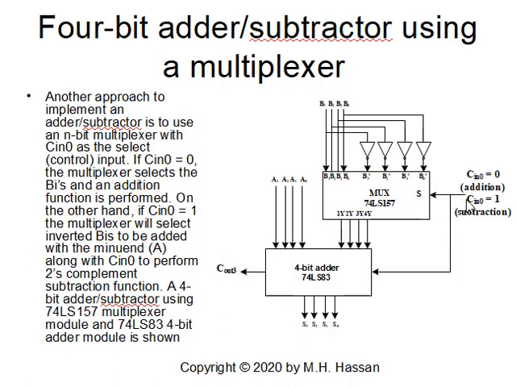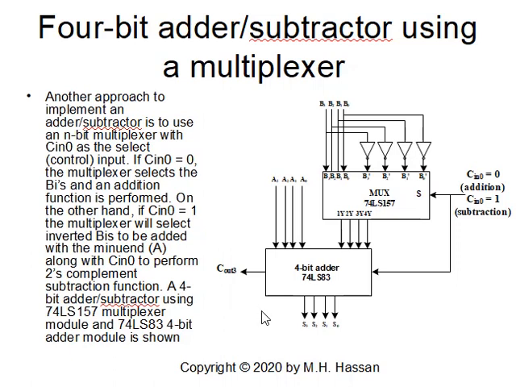If Cin 0 is 1, the select line, the multiplexer will pick up the B primes. So B0 prime, B1 prime, B2 prime, B3 prime at the output, to be added, which is the 1's complement, to be added with the A's, and with 1 as a carry in to the 4-bit adder, and the output will be the difference, D0, D1, D2, D3, and the final borrow out, which will be the most significant bit of the answer.